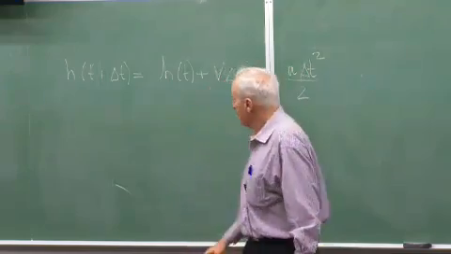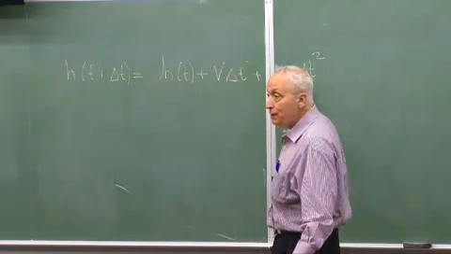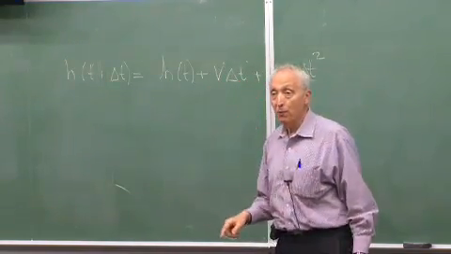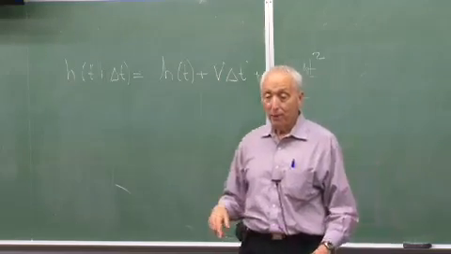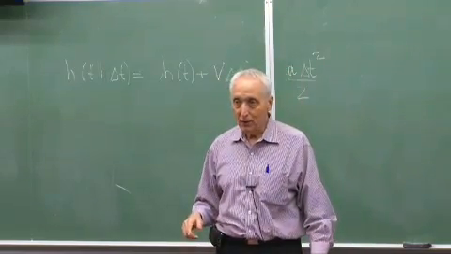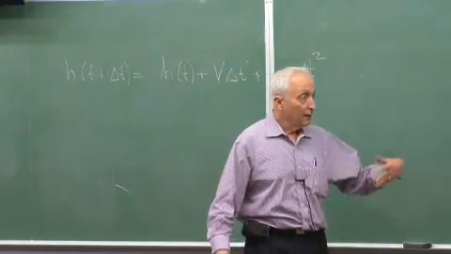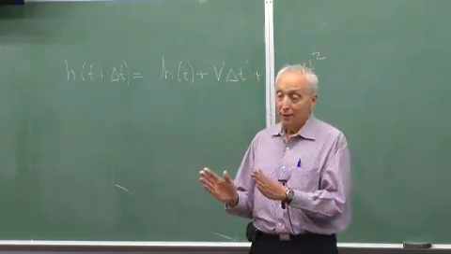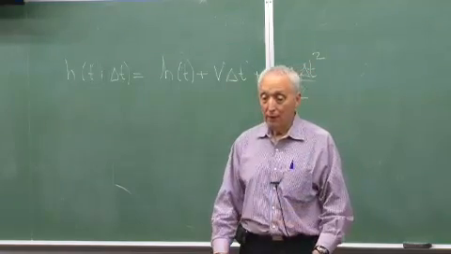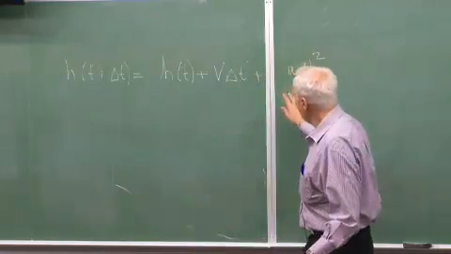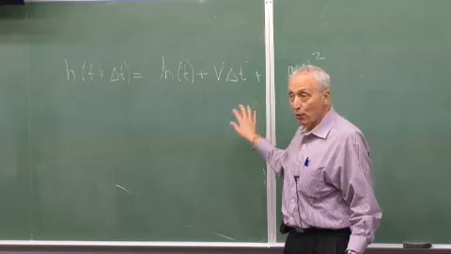Now, this is the error that we incur by going from h of t to h of t plus delta t. That is, we incur this error if the acceleration was approximately constant.